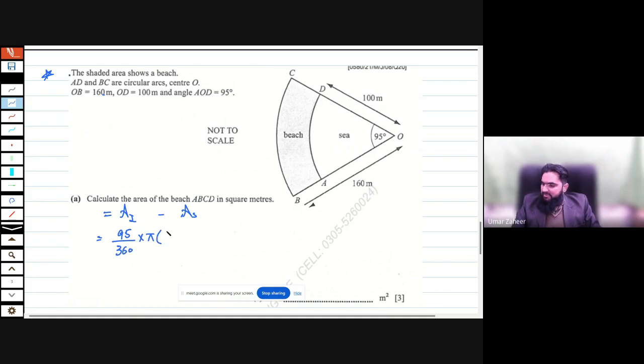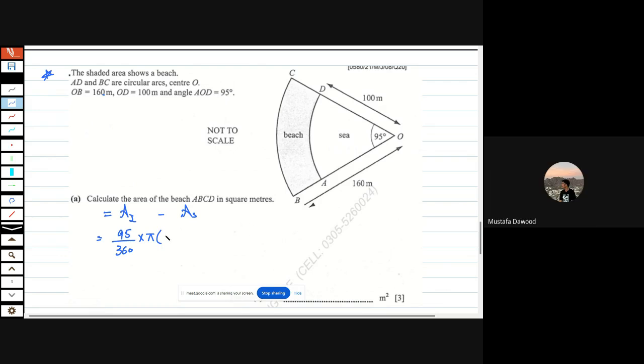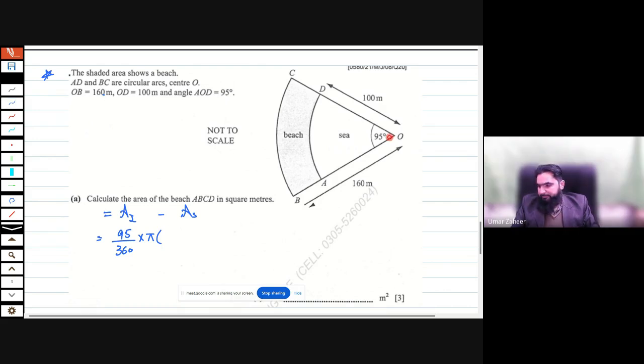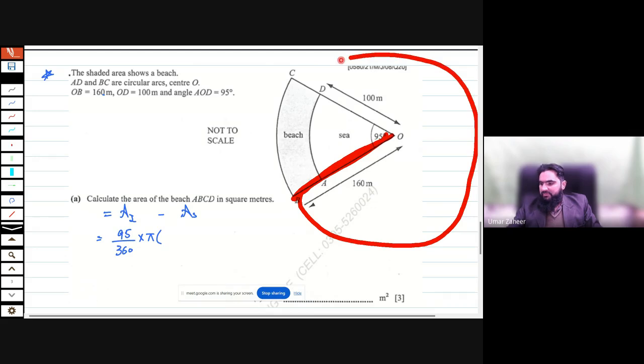Mustafa, what is the radius of the bigger sector? 160. Obviously it is the radius because it's just part of a circle.